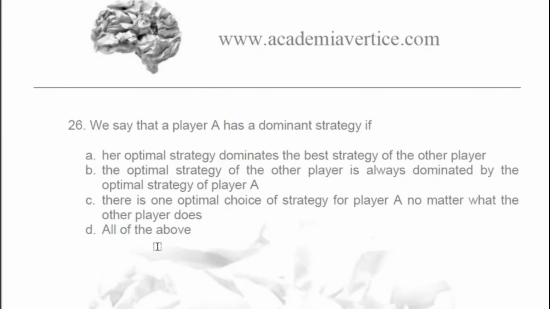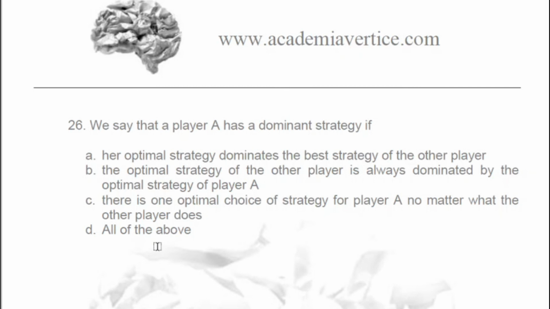Twenty-sixth. We say that player A has a dominant strategy if her optimal strategy dominates the best strategy of the other player. No, this is a strange sentence. The optimal strategy of the other player is always dominated by the optimal strategy of player A. No, no, no. It has nothing to do with the strategies of the other player for my dominant strategies.